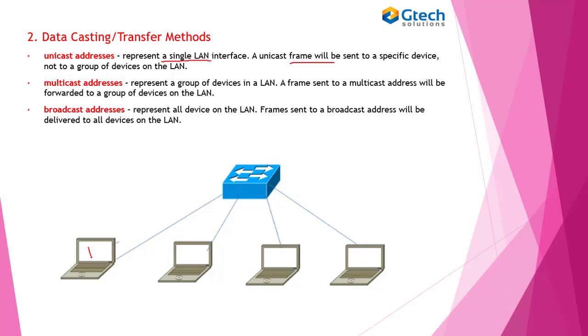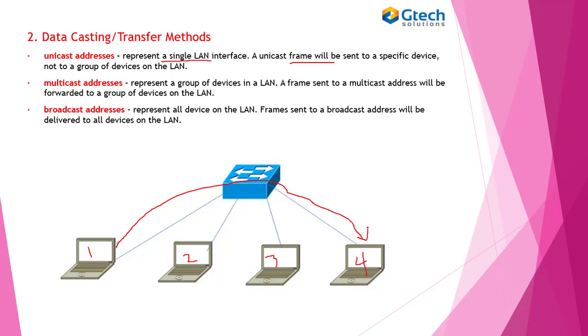Let's say this one is device 1, 2, 3, 4. A unicast address represents a frame that is sent to a specific device. Suppose device 1 wants to communicate to device 4. The frame is sent directly through the switch to device 4. That's what we call a unicast address.